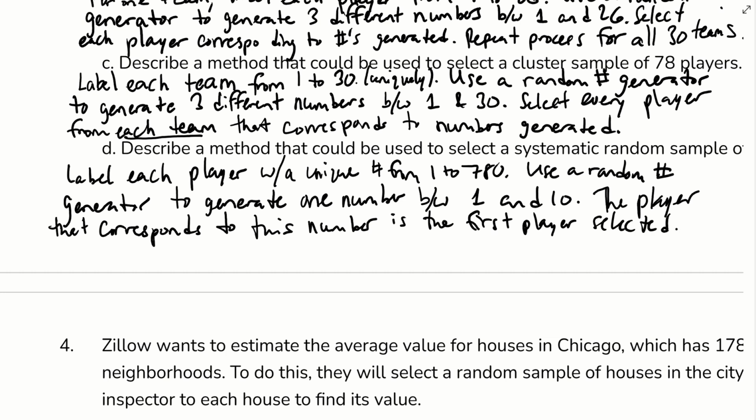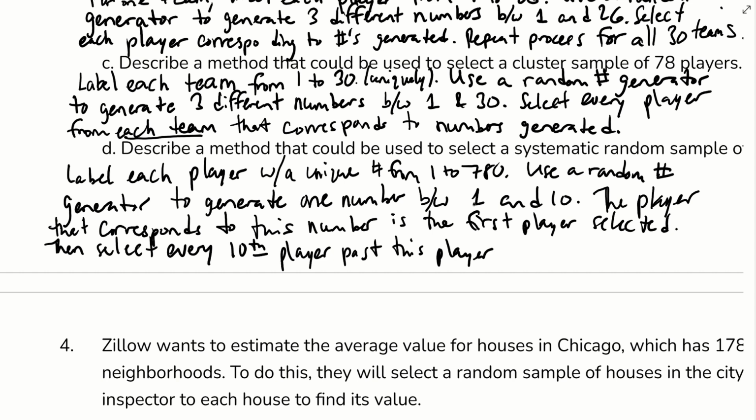All right, so then that's the first player. Then you can do every 10th or whatever. So then select every 10th player past this player until 78 players are selected.